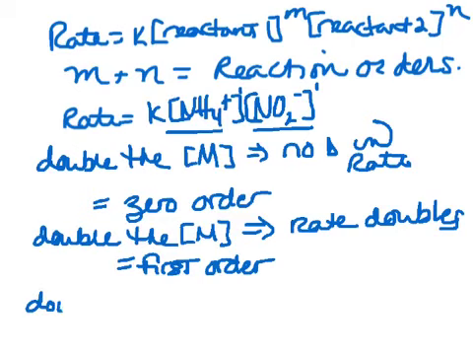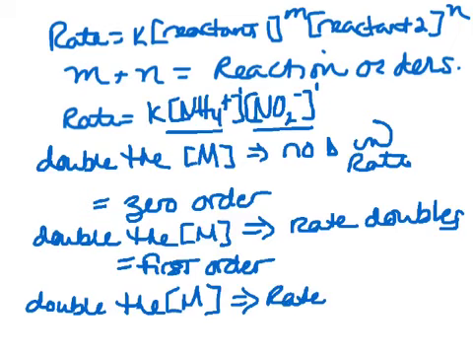And if you double the concentration of a reactant and the rate increases by 2 squared, then that would be second order with respect to that reactant.